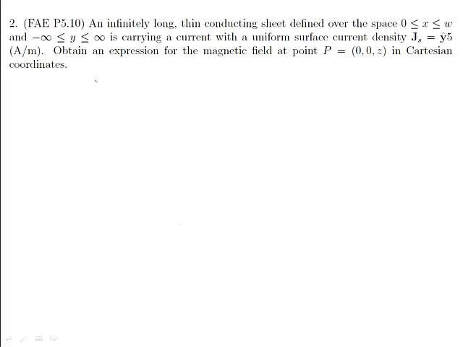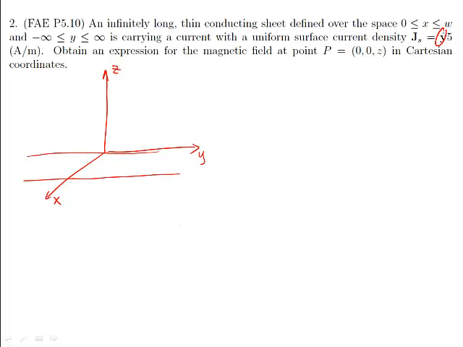And if I am to illustrate this problem in Cartesian coordinate system, it would look something like this. So this would be my coordinate system. I have x, y, and z directions, and all of my current is flowing in the y direction, as is indicated here, and it is distributed over a width of w.